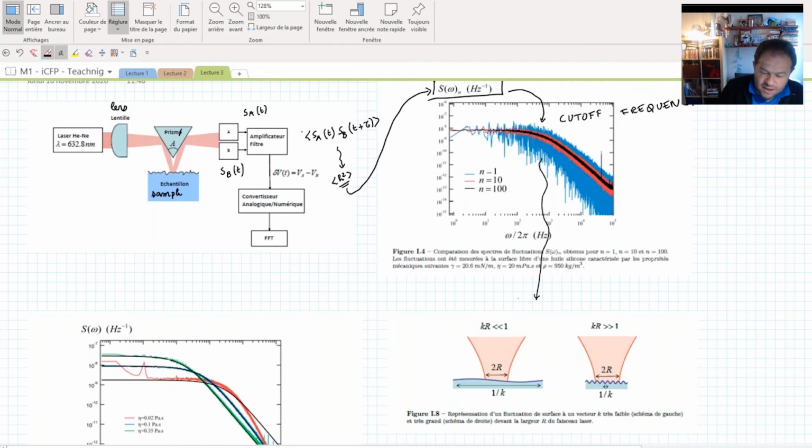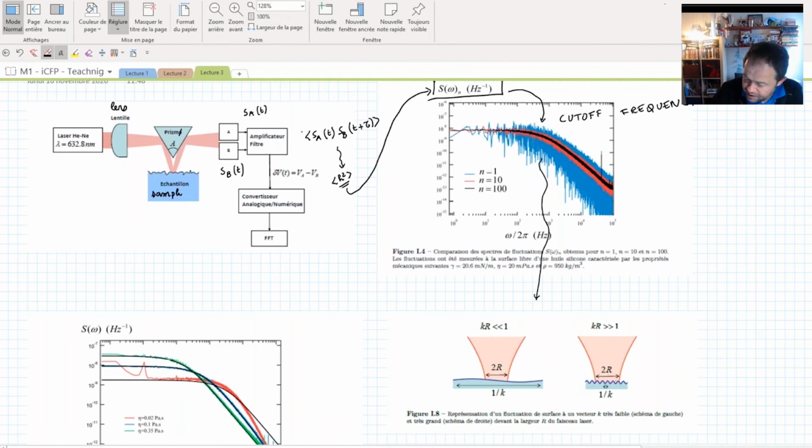In order to understand this cutoff frequency, in his experiment the laser beams act as a filter, which means that with this setup, you are not able to measure all the fluctuations of the surface of the sample. You are only able to measure the ones which are big compared to the size of the beam.